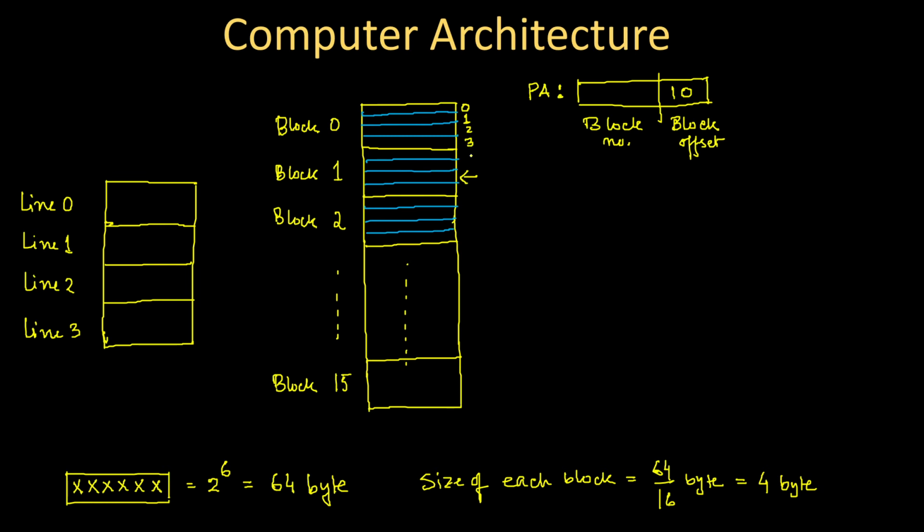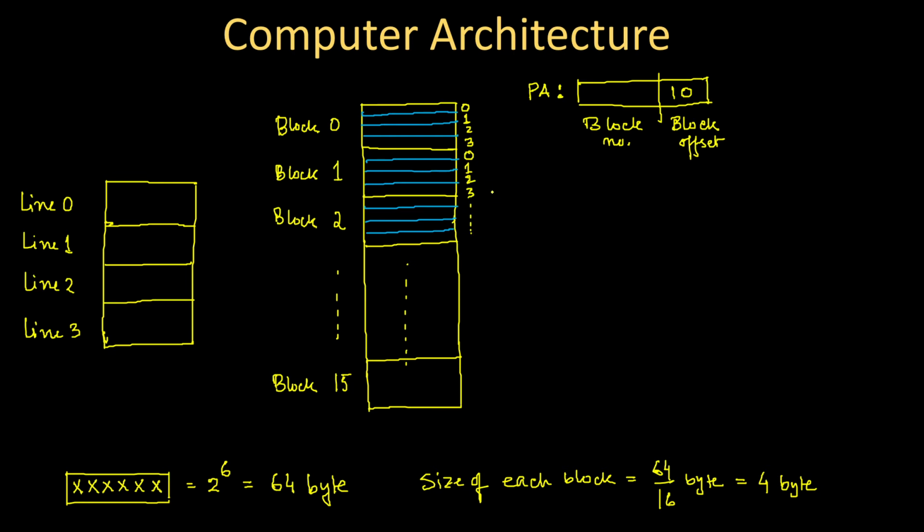In a similar way, this is also the 0th address of block 1, first address of block 1, second address and third address. In this way it continues.